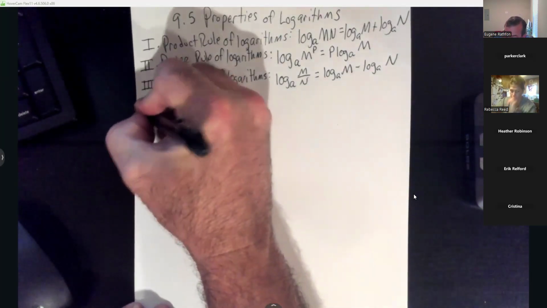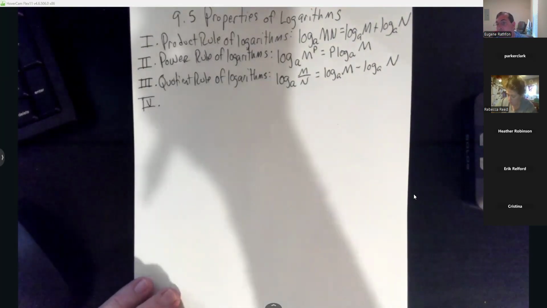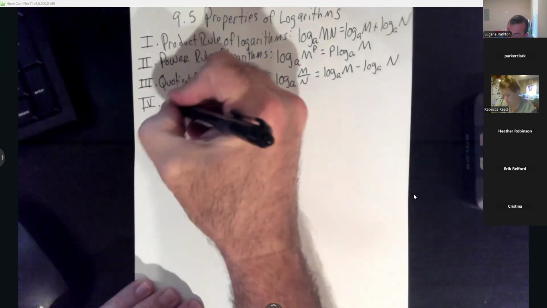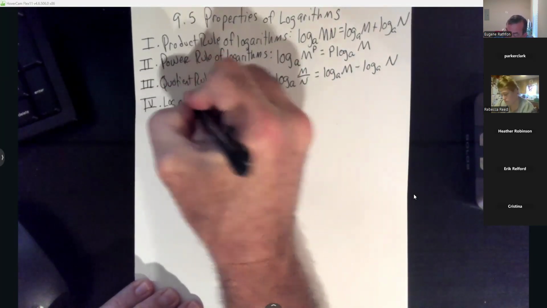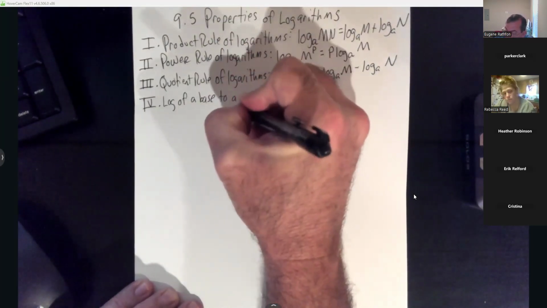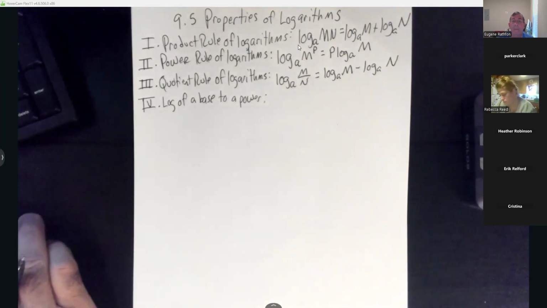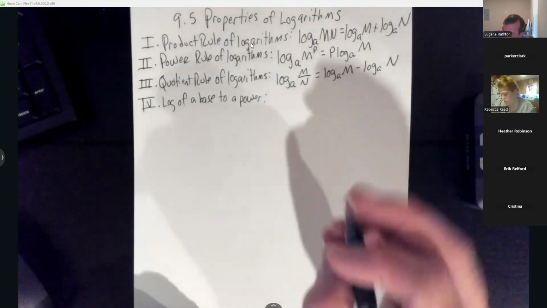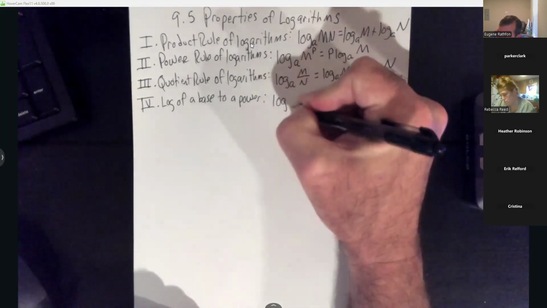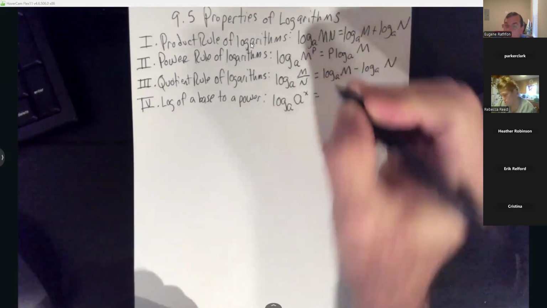Now, there's another one we've already looked at last week, but it's really useful in this section. And this was the log of a base to a power. So, y'all, this one says a log base a of a to the x.